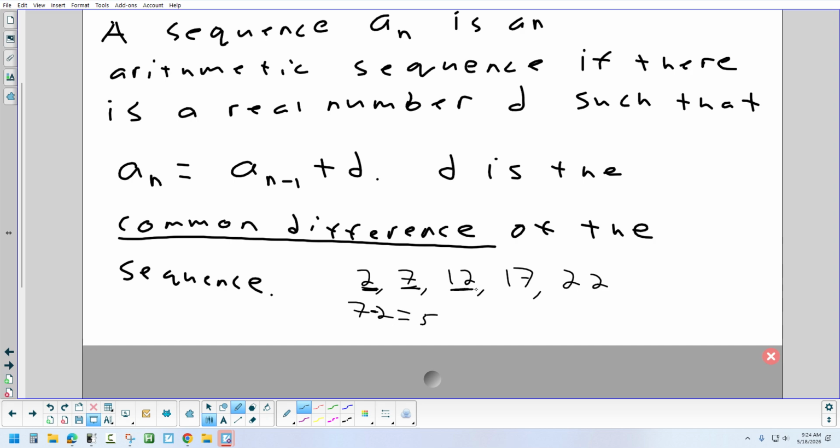Do it again. Take 12 and subtract the one that comes immediately before it. 12 minus 7 also gives you 5. Take any term and subtract the one immediately before it, and that is how you can figure out what you are adding each time. If it comes out the same for every single pair of numbers, then you have an arithmetic sequence.